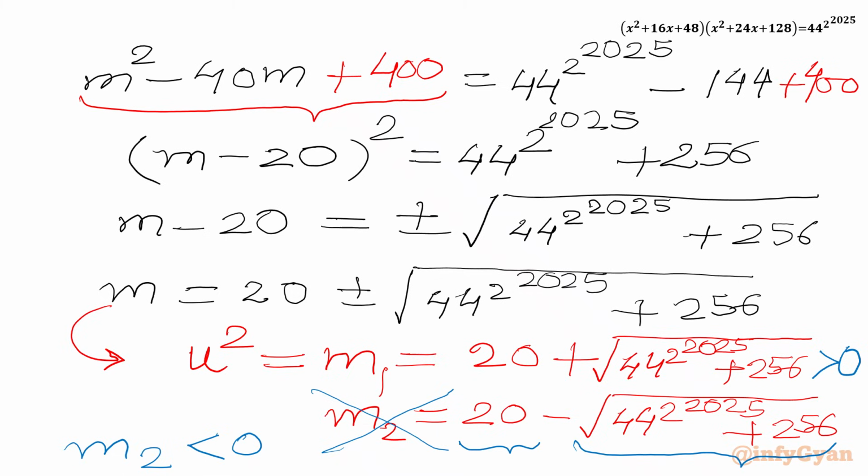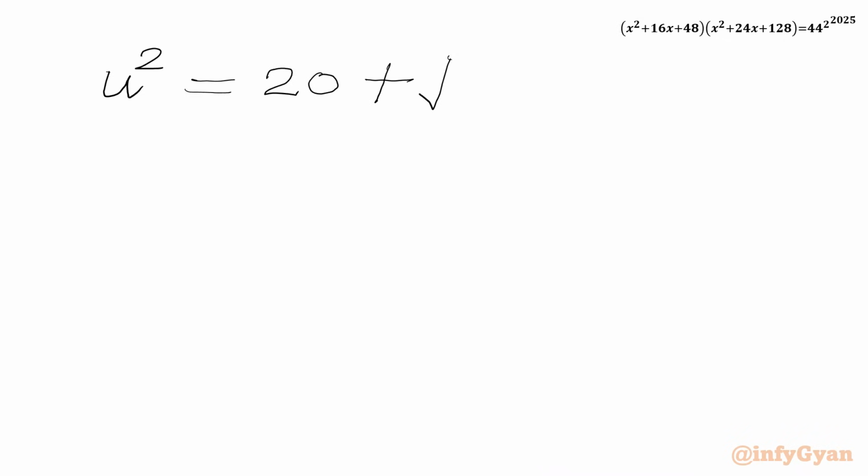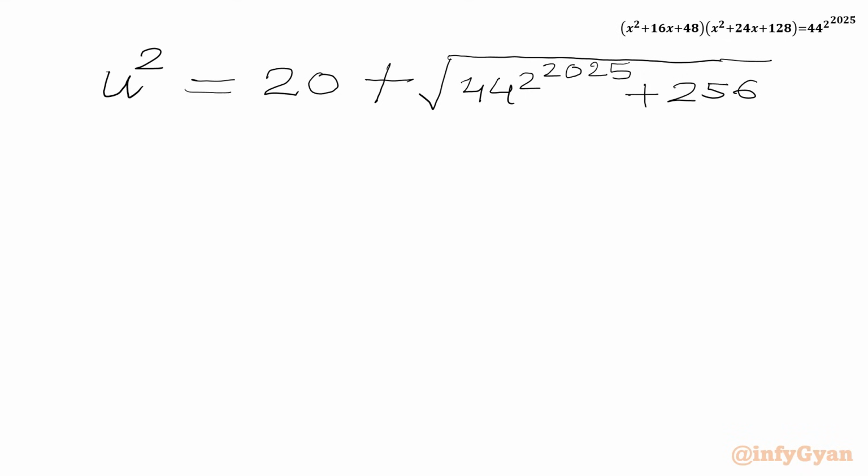So we will write u square will be equal to 20 plus square root 44 raised to the power 2 raised to the power 2025 plus 256. Now this is u square.